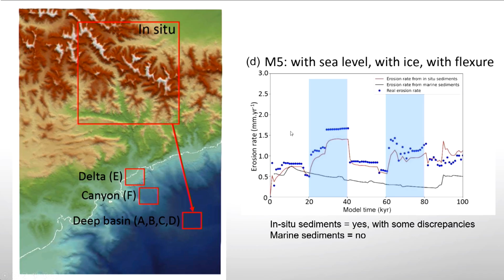So this is an example of a test that has been done. And in this test, we have produced during 100,000 years 2 periods of very fast, very high precipitation that will produce high incision, and we have compared the true denudation rate that is given by the model, which are the blue dots here, with the one that is given by in situ sediments, which are the sediments that are produced here near the massif.